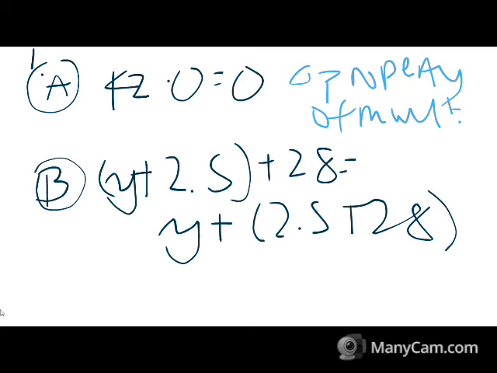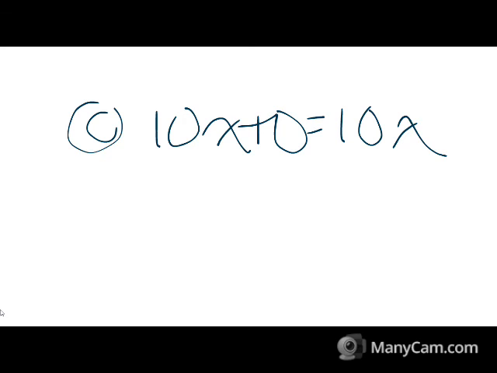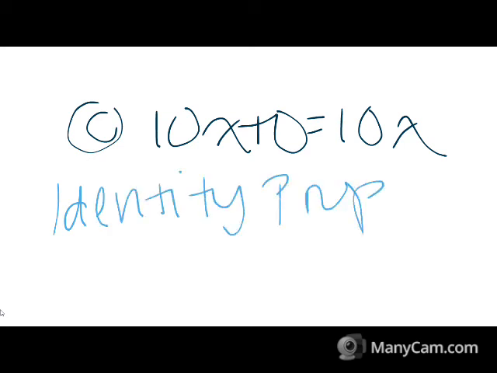The quantity of y plus 2.5, plus 28, equals y plus the quantity of 2.5 plus 28. So what's being rearranged here? The parentheses. So this is the associative property. Letter C, 10x plus 0 will give me 10x. Anything I add by 0 will always give me the same number. And this is the identity property of addition, I'm going to abbreviate again.